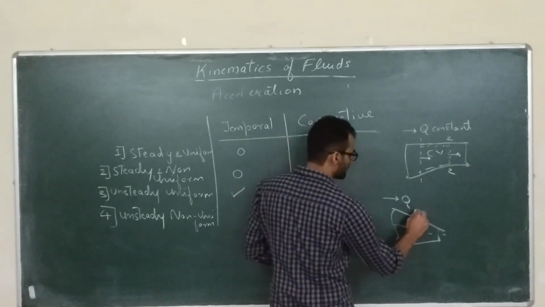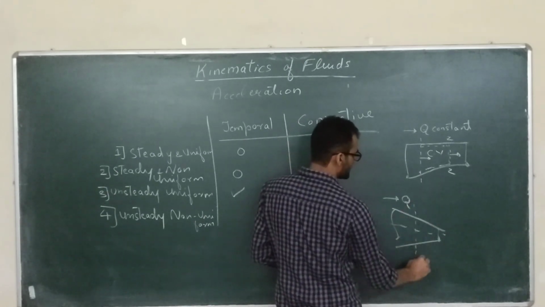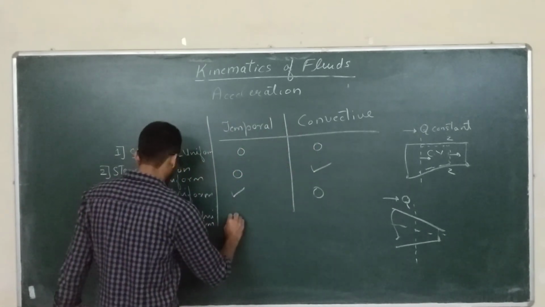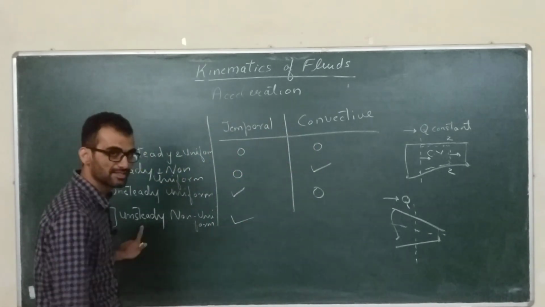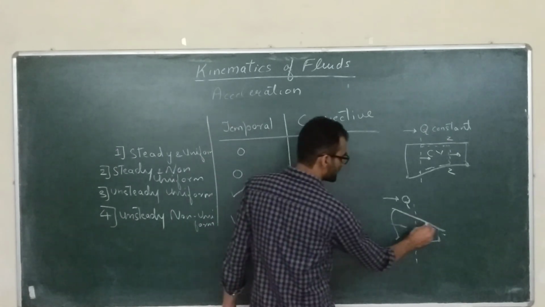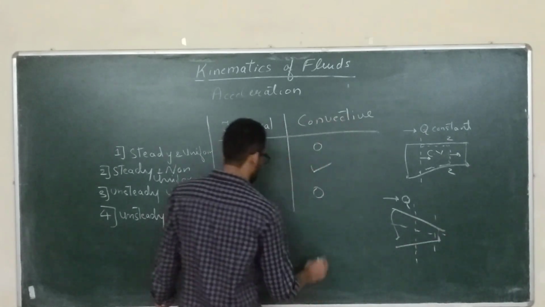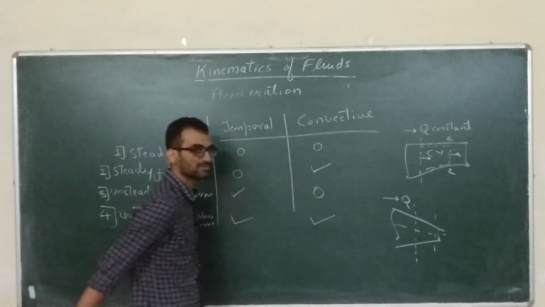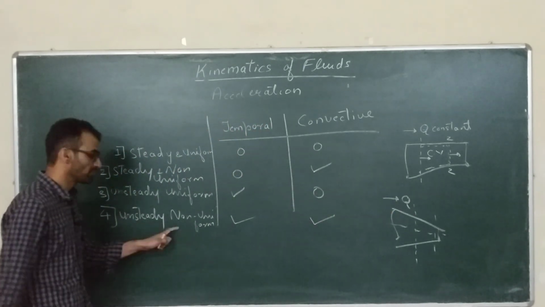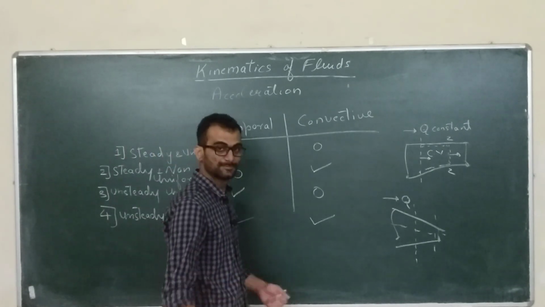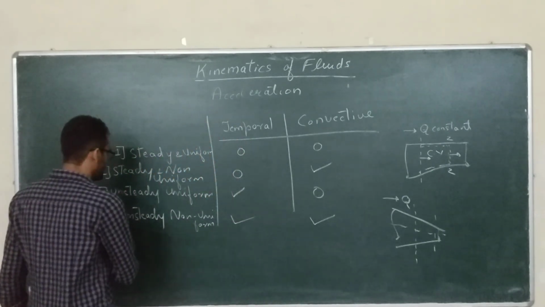So if at a particular point you measure the velocities, they will change with time. So temporal acceleration is there, because the flow is unsteady, and also the velocities will change with space. Here the velocities will go on increasing. So the convective acceleration is also present. So for unsteady non-uniform flows we are getting both types of acceleration. So this is all about the acceleration in fluid flows.